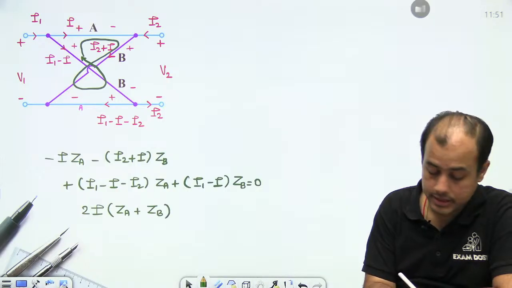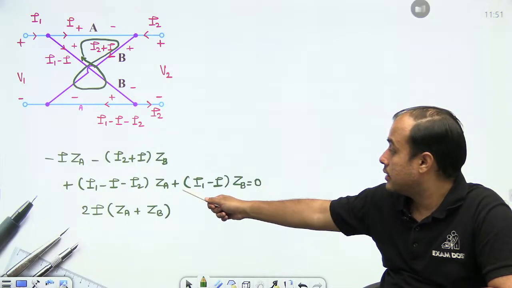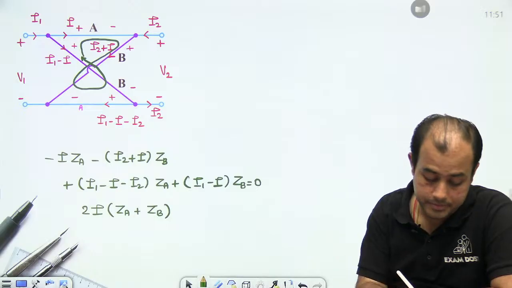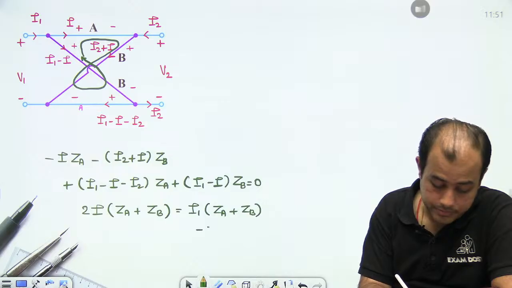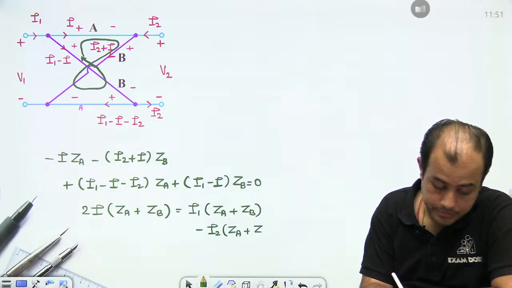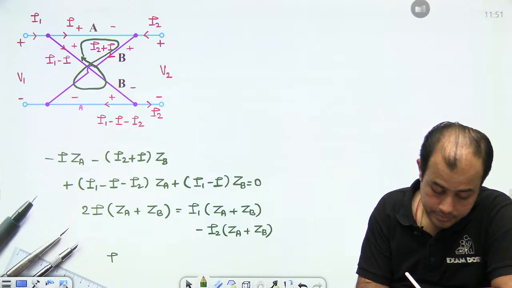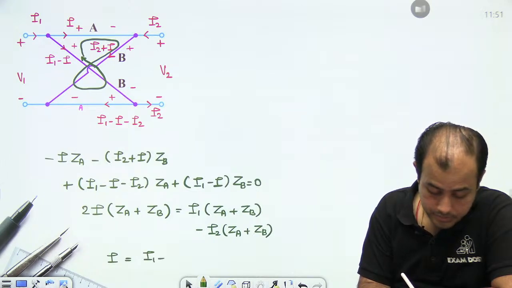What about terms containing I1? ZA plus ZB. Terms containing I2? ZA plus ZB.